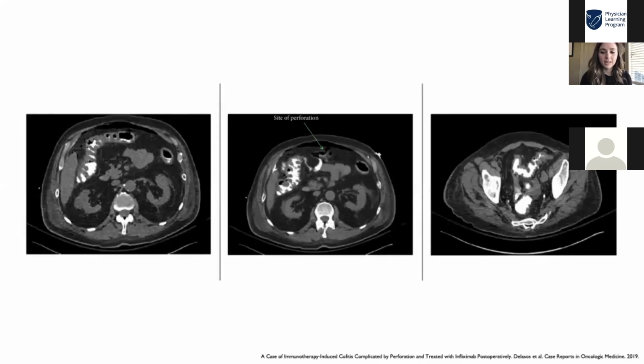Of note, the patient was found to have a significant response to immunotherapy with a decreased size of his liver mets by 70%. Unfortunately, he went on to have an emergent laparotomy and a bowel resection, and because of his adverse reaction, was no longer a candidate for further immunotherapy.